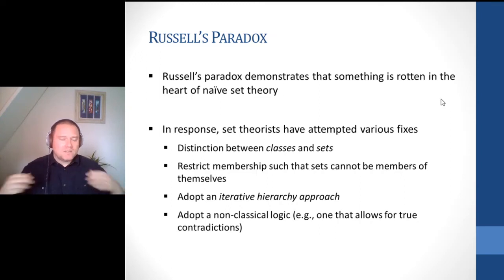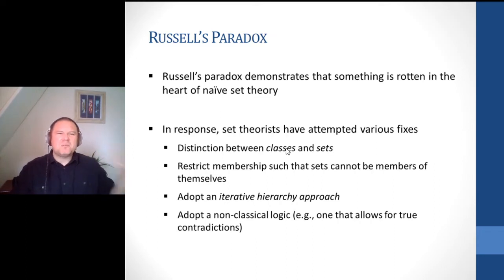We can't just have a story about sets that is entirely understood in terms of the axiom of extensionality and the axiom of comprehension. Now, set theorists have tried a bunch of different fixes, and there are lots of different ways to go. So one option is we can distinguish between classes and sets. So sets could be understood in terms of something like naive comprehension and extensionality, but once we hit a certain level, we're no longer talking just about sets.